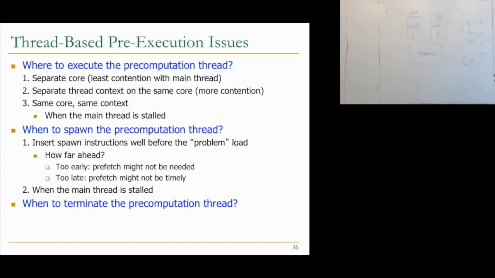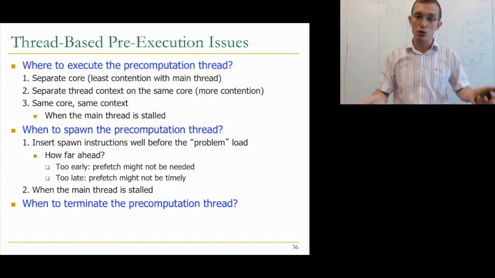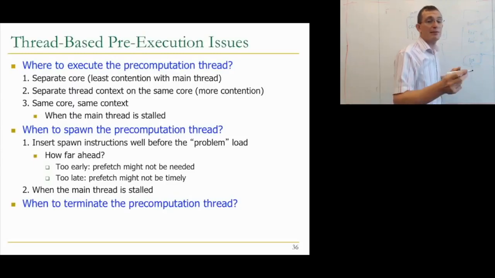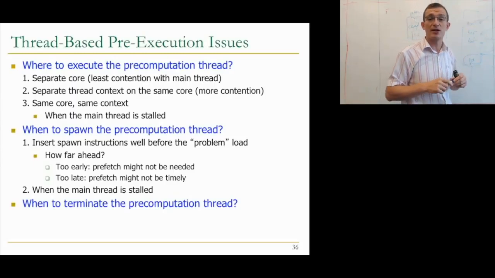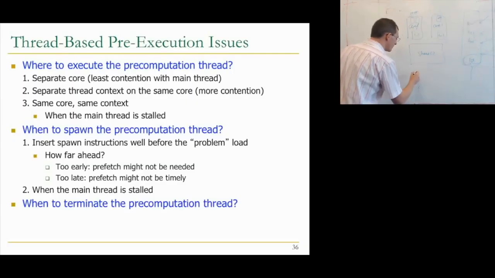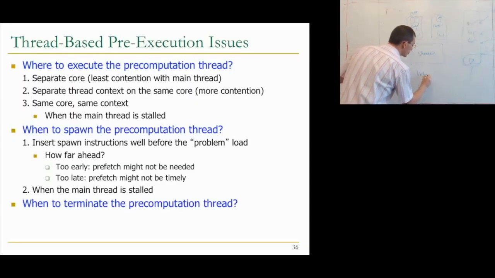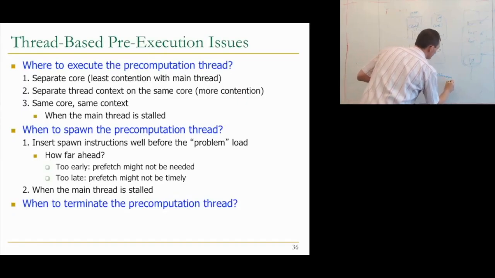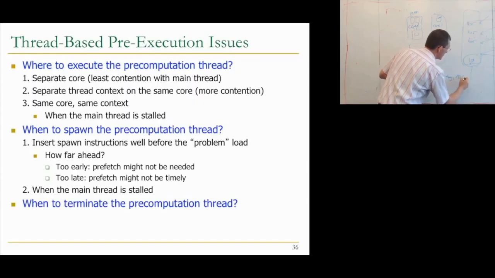These trade-offs are important whether you're generating the threads at the compiler level, at the programmer level, or at the hardware level, right? Or you can do it when the main thread is stalled. You can spawn the pre-computation thread when the main thread is stalled, and people have looked at that also. One interesting paper about this is virtual multi-threading, and you can read that. I believe it's in ASPLOS 2004.